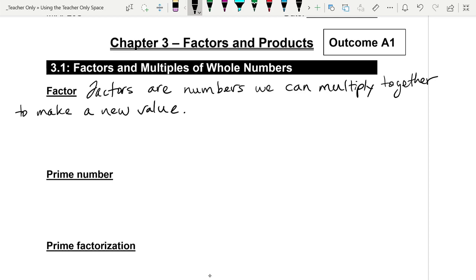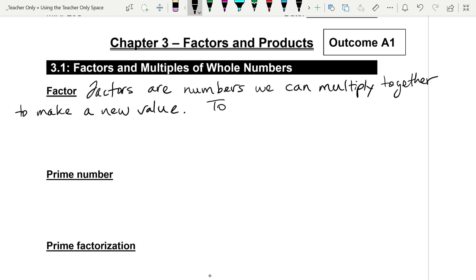That's what it means when I say the word factor, and I mean it like a noun, as a thing. It's a piece of a number. And now I can also use the word factor as a verb.